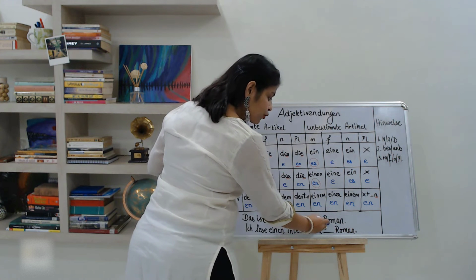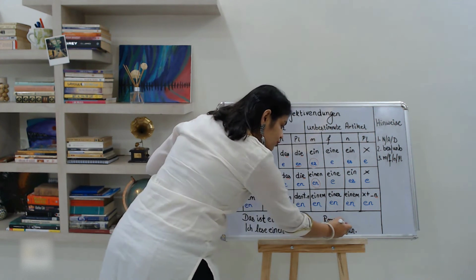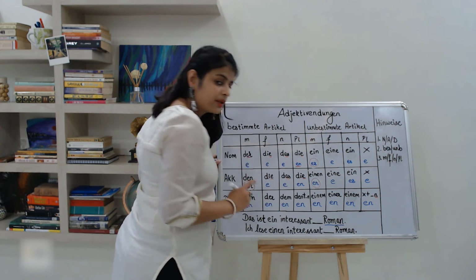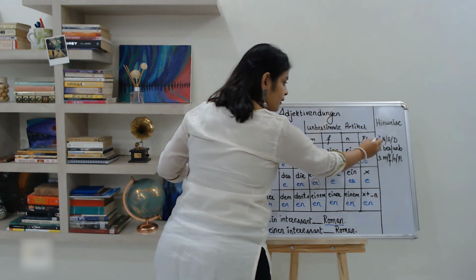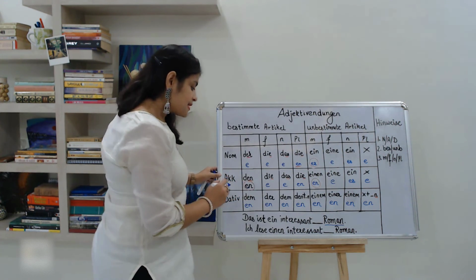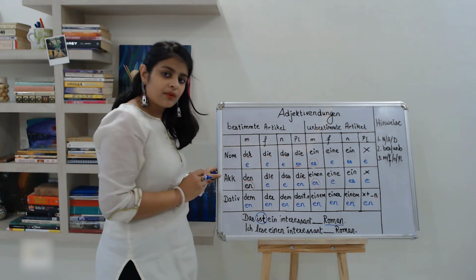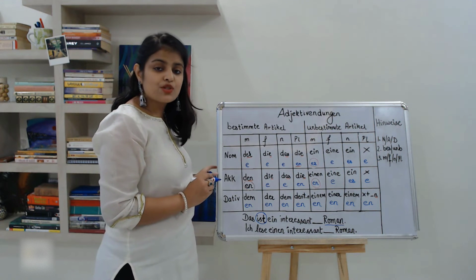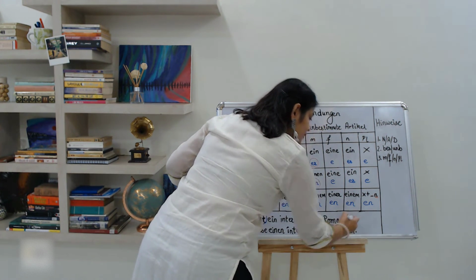Let's see the Roman because we have to write the adjective ending according to the noun. Then we have to see whether this given noun is nominative, accusative or dative. Dann sehen Sie hier, das Verb ist hier sein. The verb is over here sein, which means it is nominative. So I'll just write over here it's nominative.